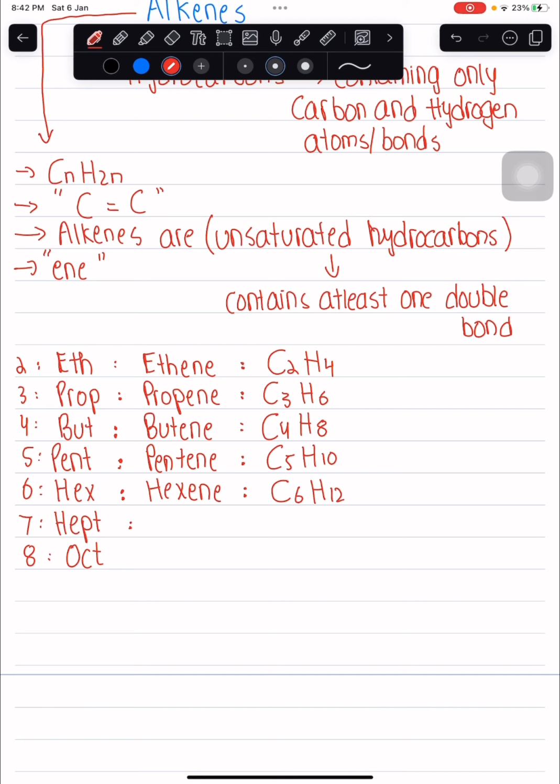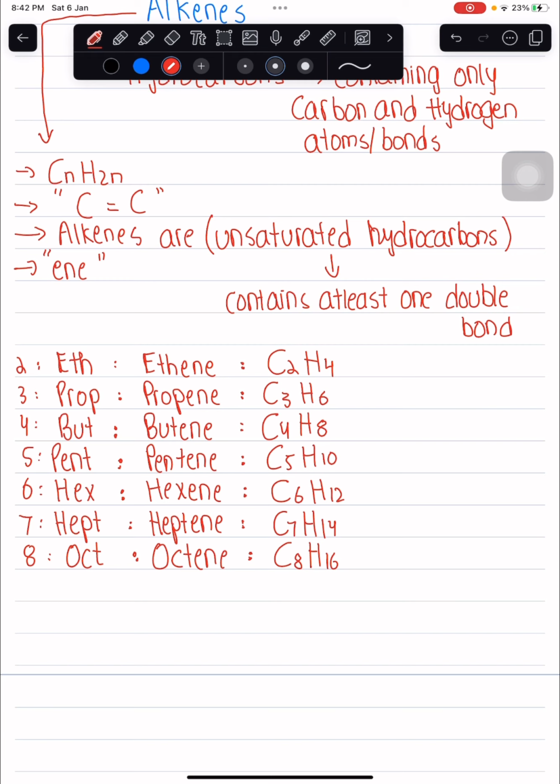For hept, we have heptene and C7H14. For oct, we have octene, and this is going to be C8H16. Twice of 8 is 16. So these are the molecular formulas for alkenes.